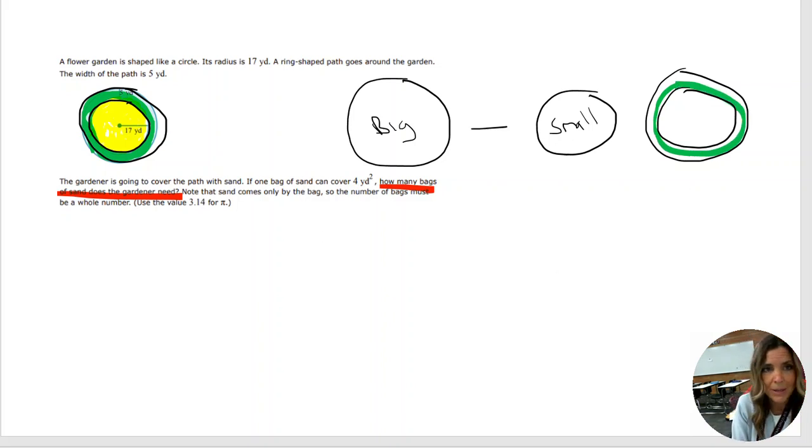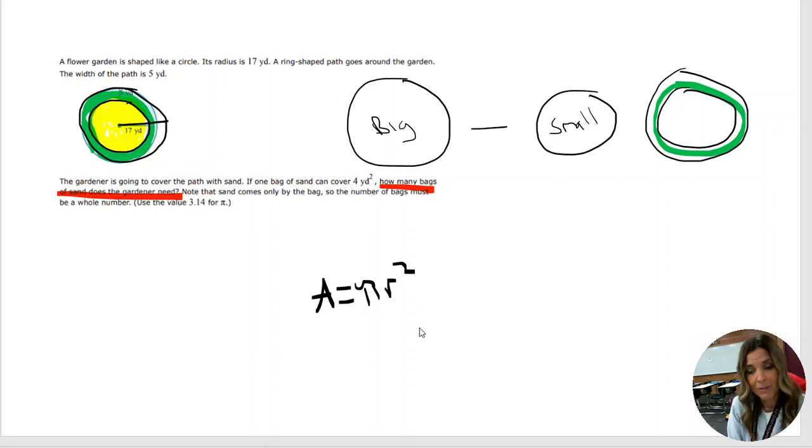Okay, so here we go. To find the area of the big circle, we are going to need to use our area formula, which is area is equal to pi times radius squared. Now, for our big circle, we know that the radius of the small circle is 17, but then we also have an additional 5 yards for our path.